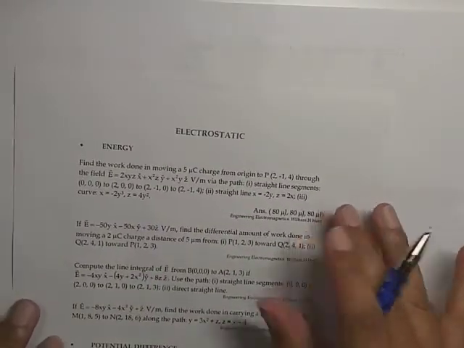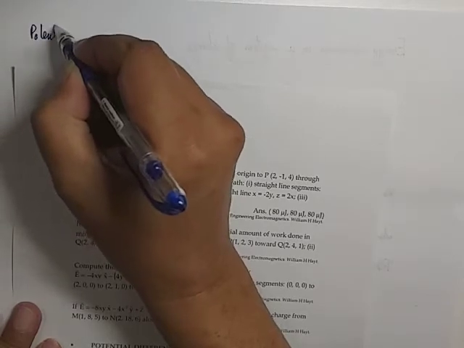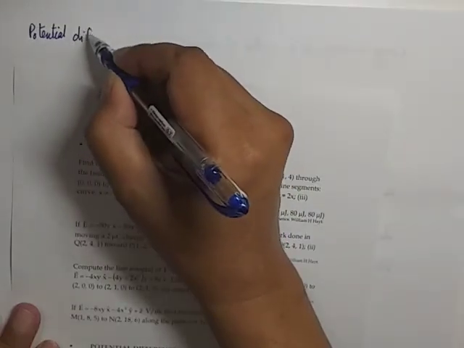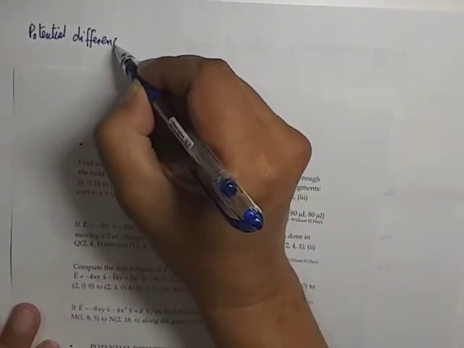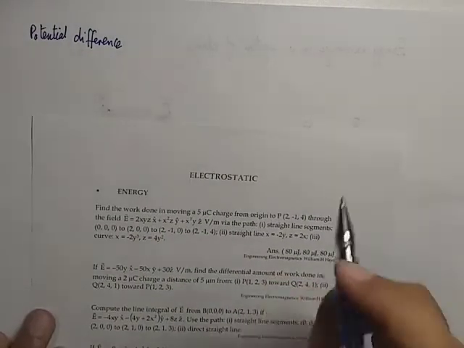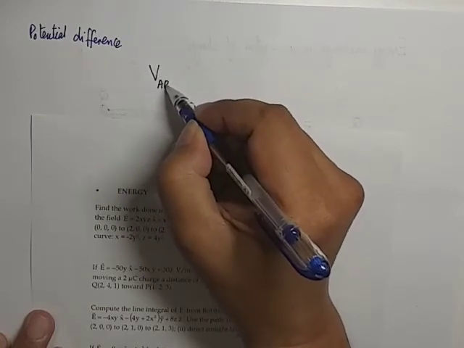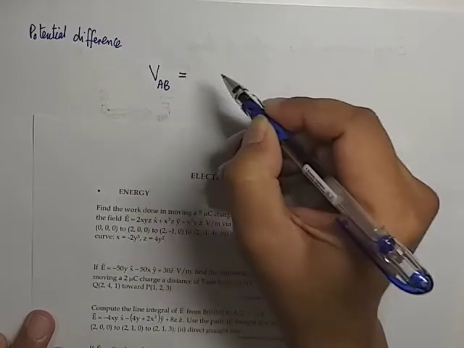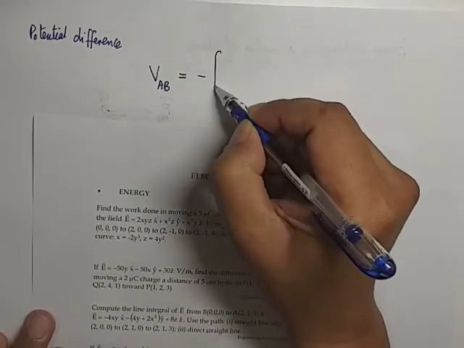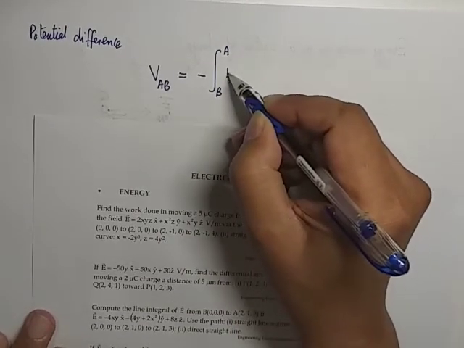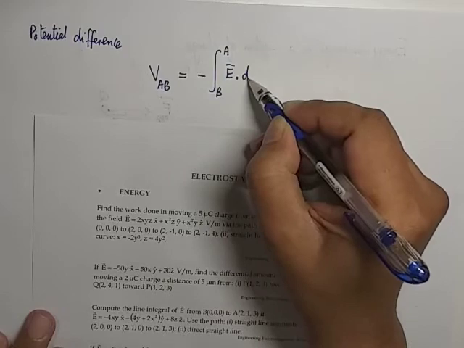So potential difference VAB, okay, we're going to use VAB, is equal to minus integral from B to A of E dot dl.